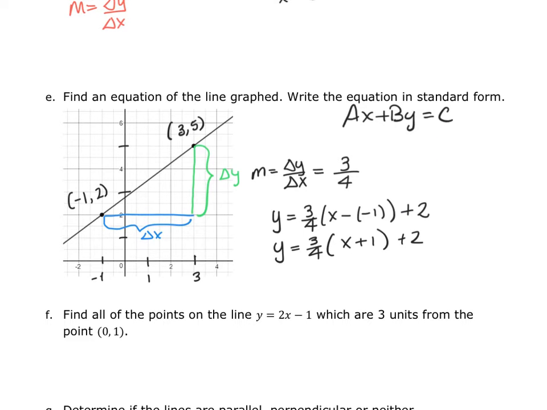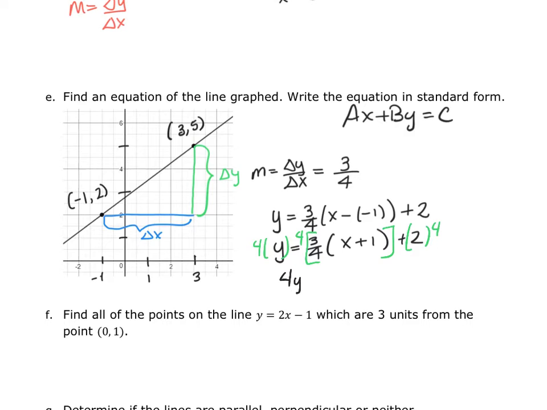So I'm going to multiply this by 4, this by 4, and this by 4. Again, the only reason I'm doing this is because typically in standard form, we don't have fractions.